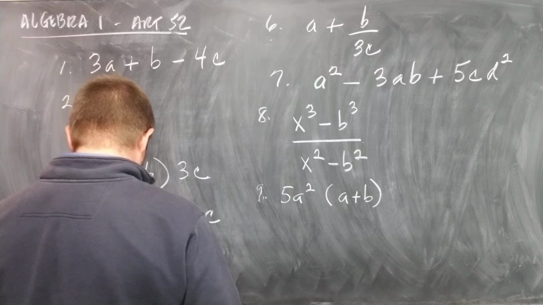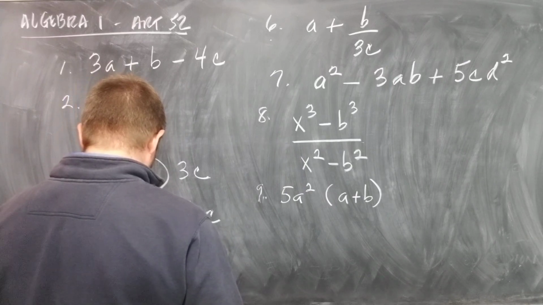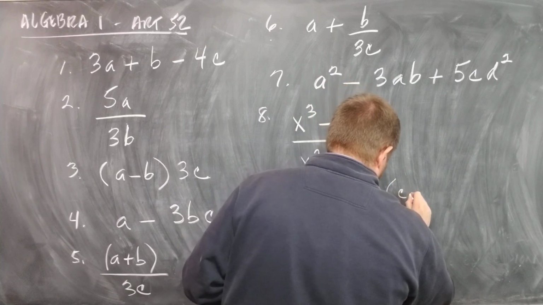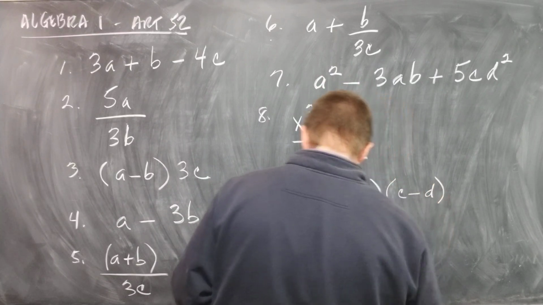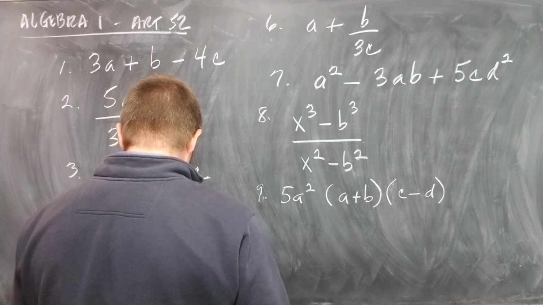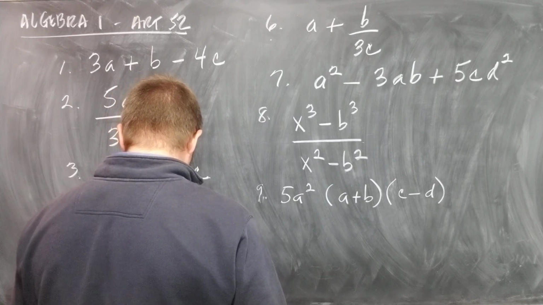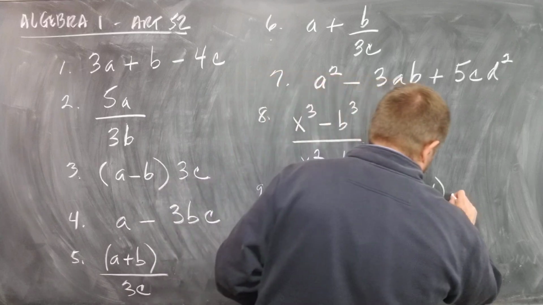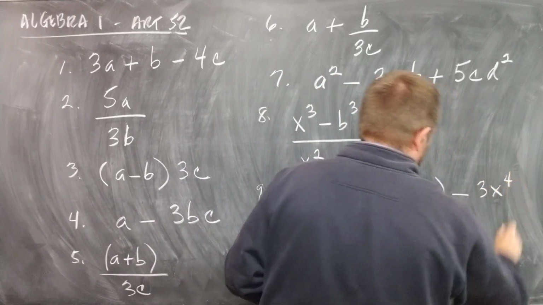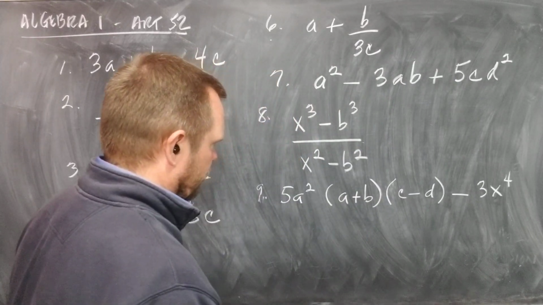Five a squared into a plus b into c minus d minus 3 times x to the 4th power.